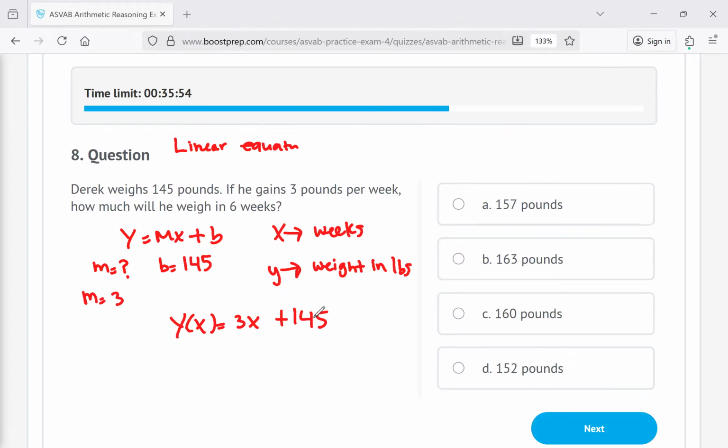Once you do that, then you got to plug in your x value, your input. They're saying how much will he weigh in 6 weeks? So you just do y of 6 equals 3 times 6 plus 145. So 3 times 6 is 18 plus 145. What is 18 plus 145?